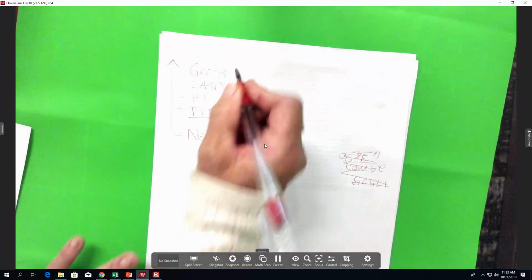So what I'm really trying to solve for, like from an algebraic standpoint, is the gross. The gross is the x.